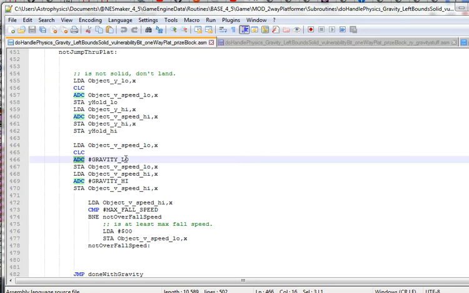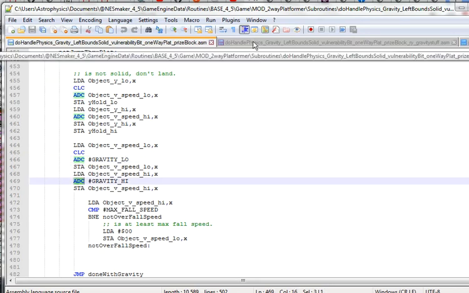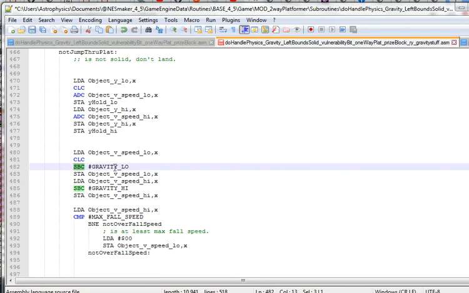it added gravity low, added gravity high, and basically what I'm changing here is subtract with carry gravity low, subtract with carry gravity high.